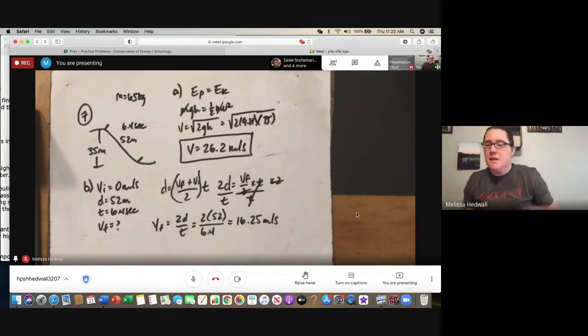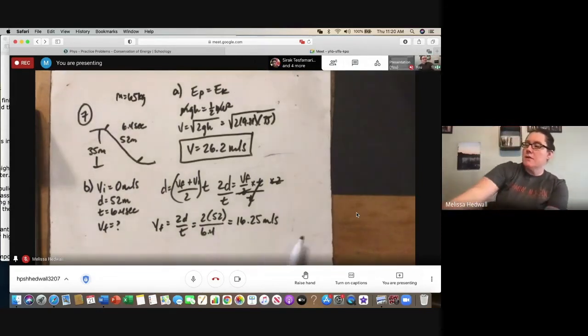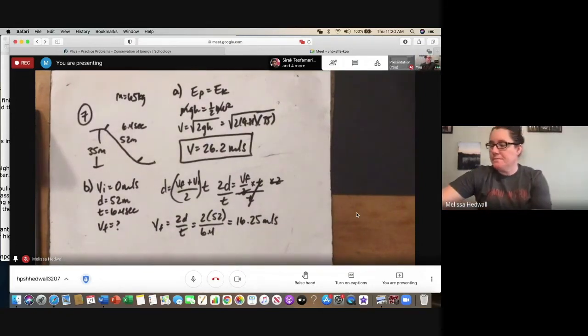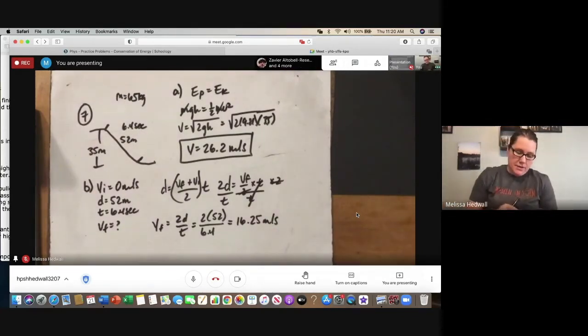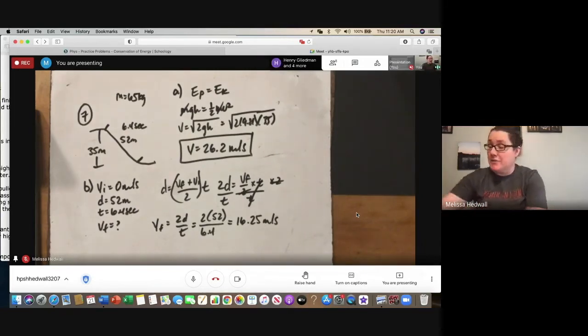So this is what we end up with here, and we have 16.25 meters per second. I'm going to just double check that again. All right, so that's how fast you're actually going.